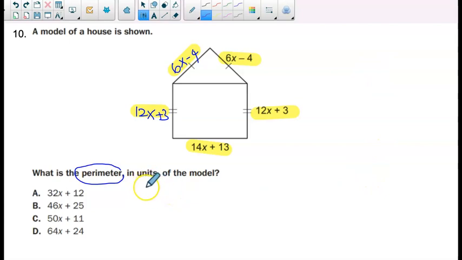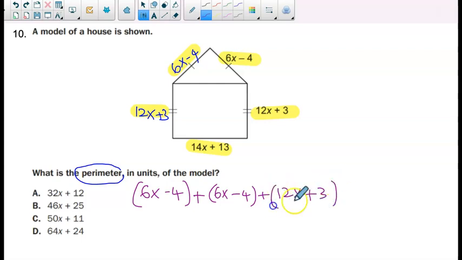So let me just do it by the regular process. 6x minus 4 plus again 6x minus 4 plus 12x plus 3 plus 14x plus 13 and 12x plus 3 plus 12x plus 3. I got all 5. 1, 2, 3, 4, 5. Just add them up now.